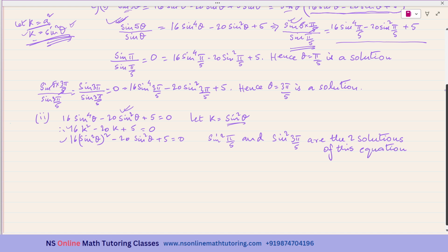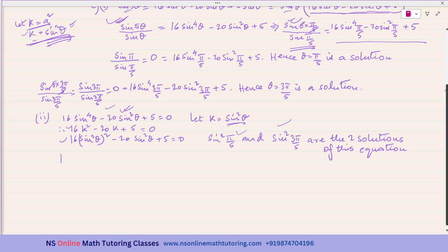And I have converted this polynomial equation of degree 4 to degree 2. So now it is a quadratic equation which is having only two roots. And these are the two roots, sine square pi over 5 and sine square 3 pi over 5.